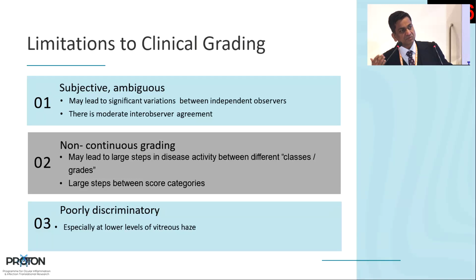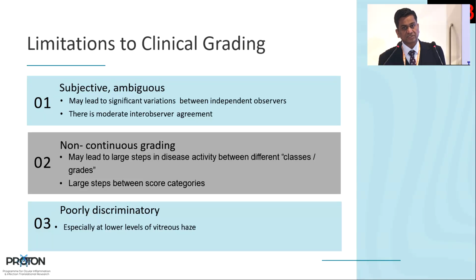I switch off the room light, suddenly there are a lot of cells. You keep the lights on, you can't see anything. And then you feel ashamed in front of your fellow who is able to pick up the cells, and you as a consultant are not able to, because you are overconfident and think there is no need to switch off the light. So these are the variations which come into practice, and we need to acknowledge and appreciate that there are variations.